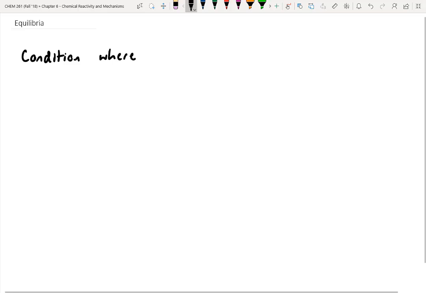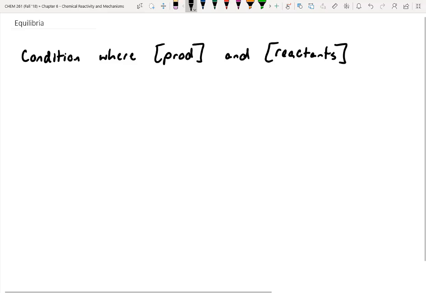Yeah, another way of thinking about it too is it is the condition where the concentration of your products and the concentration of your reactants stops changing. It doesn't mean that the reaction stopped. It just means it's a dynamic equilibrium and your concentration isn't swaying or moving in any direction anymore.